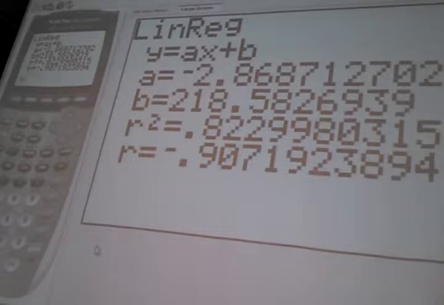So what's my line of best fit? Put it here for myself. So I get negative 2.87x plus 218.6 about. Is that cool?